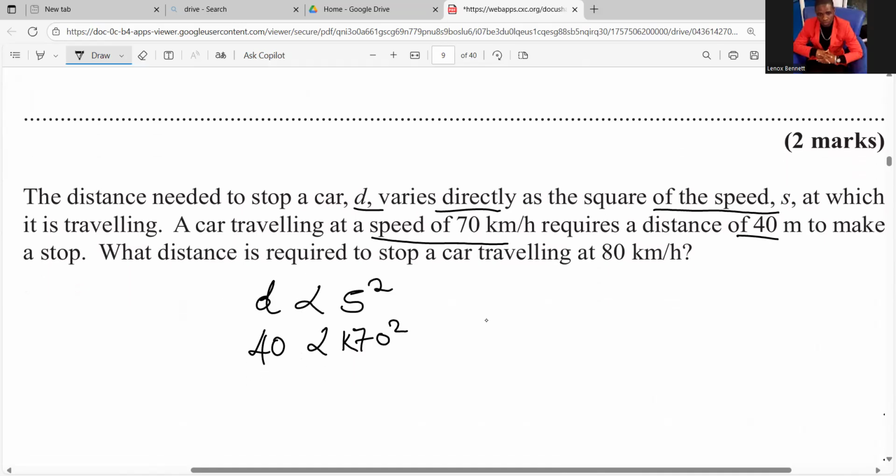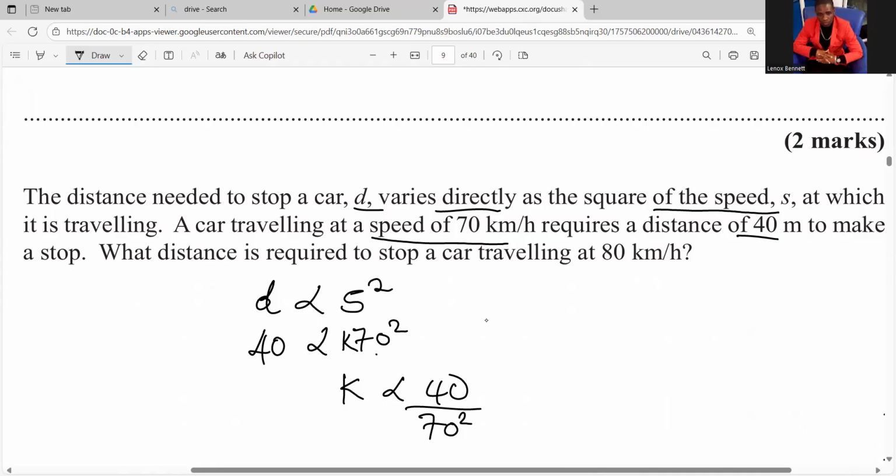We need a calculator. So we're going to solve for K. We know K will be 40 divided by 70 squared. Hold on, let me get a calculator. Let's work out that part.